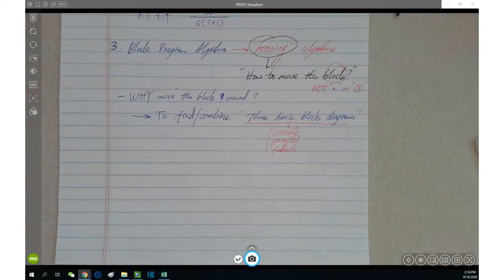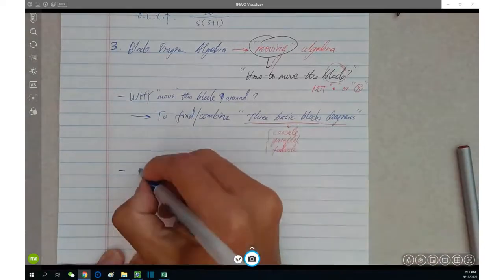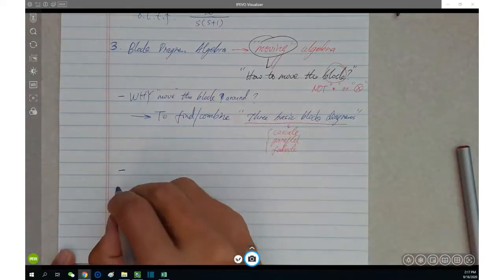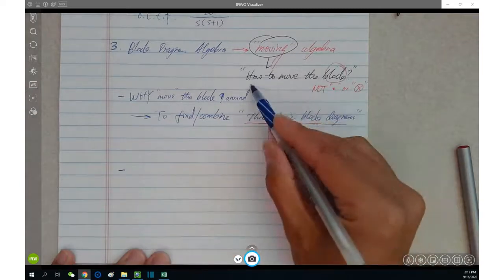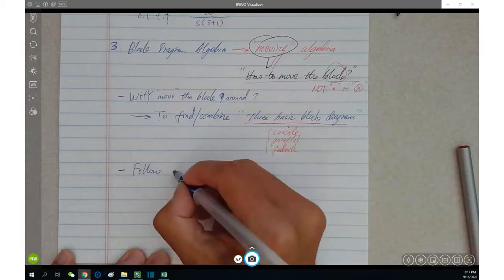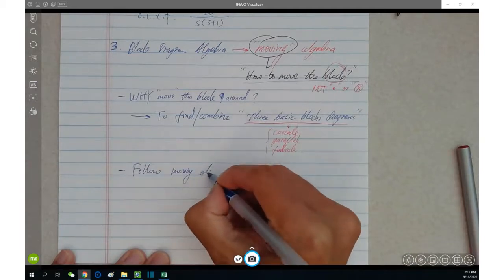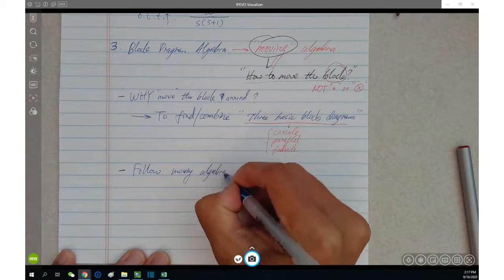However, how to move the block? In other words, how to answer this? Follow the moving algebra, or say the block diagram algebra.